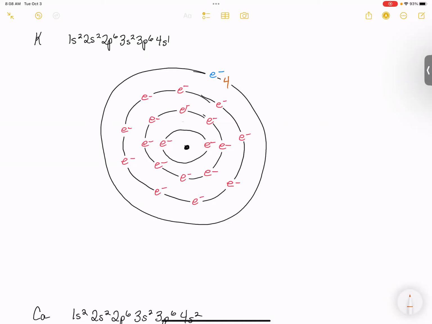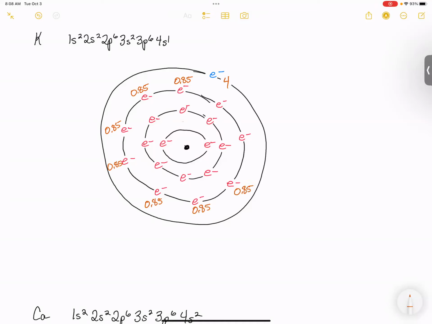So according to our rules, anything that's in a shell lower would be 0.85. So all of these electrons have a weighted average of 0.85 as far as the amount of interference that they provide.